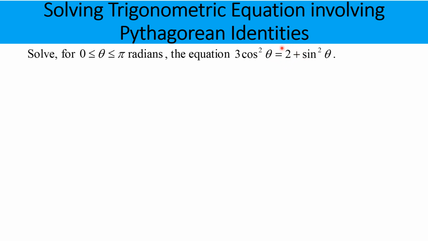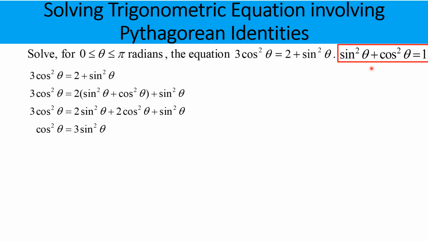So in this question, I'm going to demonstrate how we can apply Pythagorean identities to get rid of this constant before we convert this equation into a tangent. Since cosine squared and sine squared are involved, I know there is a Pythagorean identity: sine squared theta plus cosine squared theta equals 1. By applying this identity, I substitute into the equation and this is what I will have.